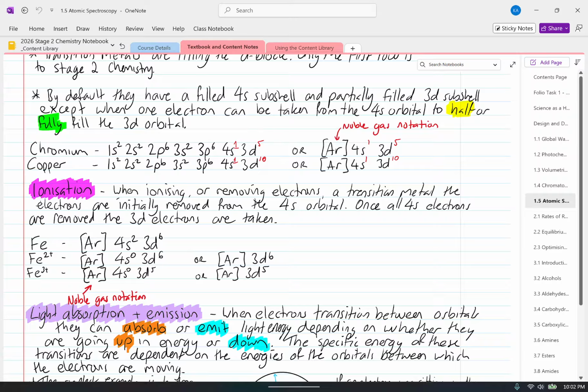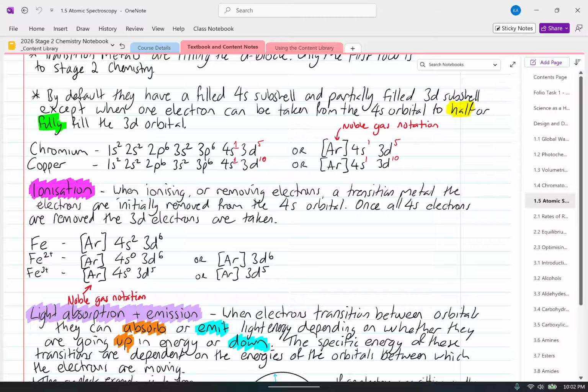So if you're talking about elements that are filling the s orbital, the 3s orbitals or the 4s orbitals, you'd be removing those first. Transition metals are a bit weird again, and if you are looking at a transition metal, you need to remove the electrons from the 4s orbital first, even though you feel like you've just been filling the 3d orbitals.